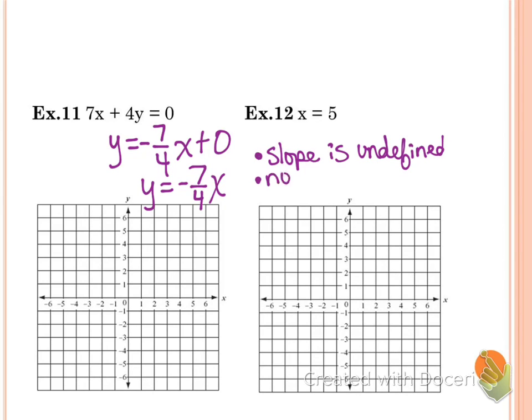That's another reason. Very good. There is no slope-intercept form for these two reasons. No slope-intercept form. We don't have one. There's no y equals mx plus b for that.